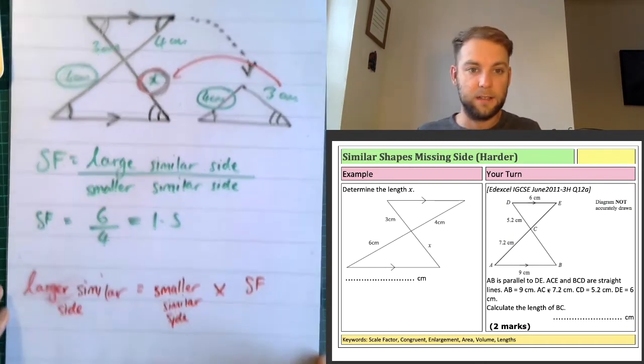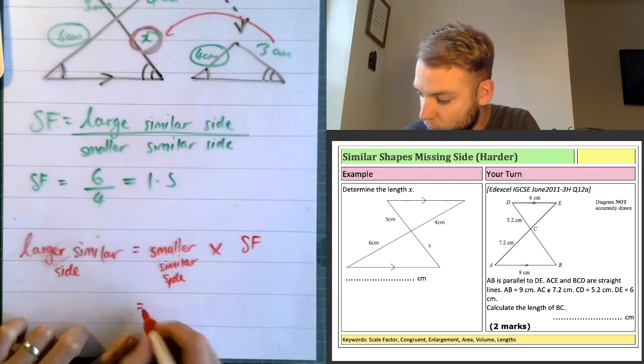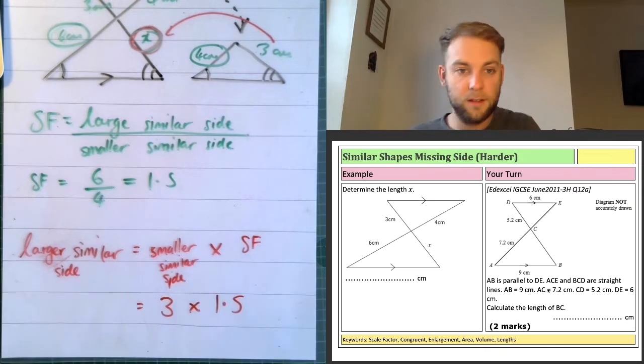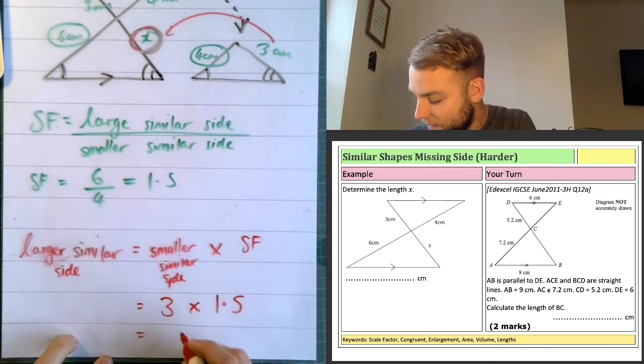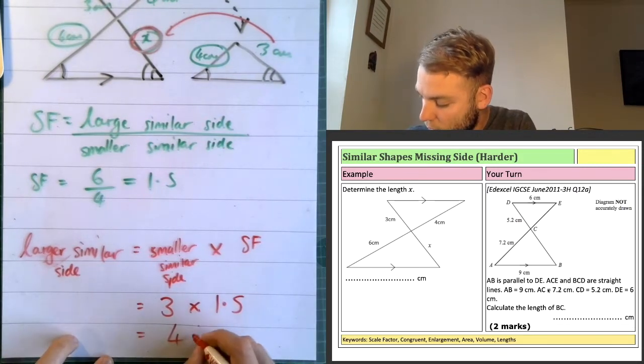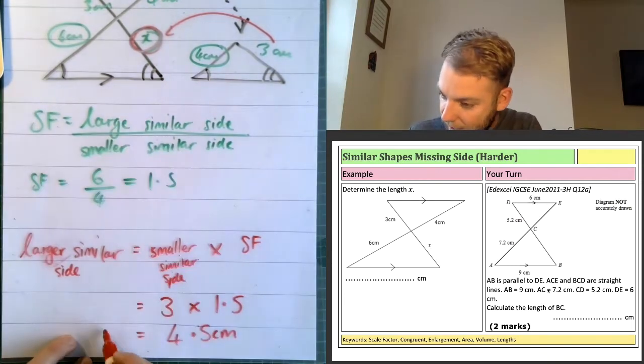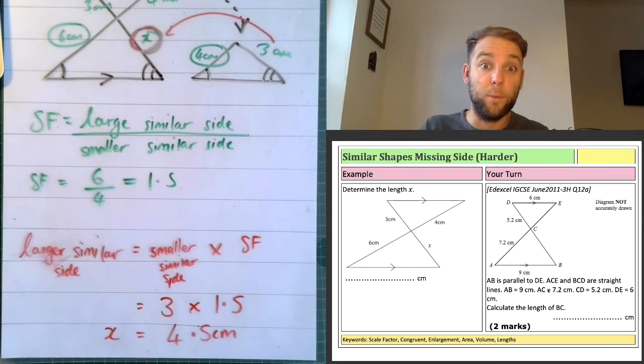So it's going to be equal to 3 times 1.5, and 3 times 1.5 is equal to 4.5 centimetres. So x is equal to 4.5.